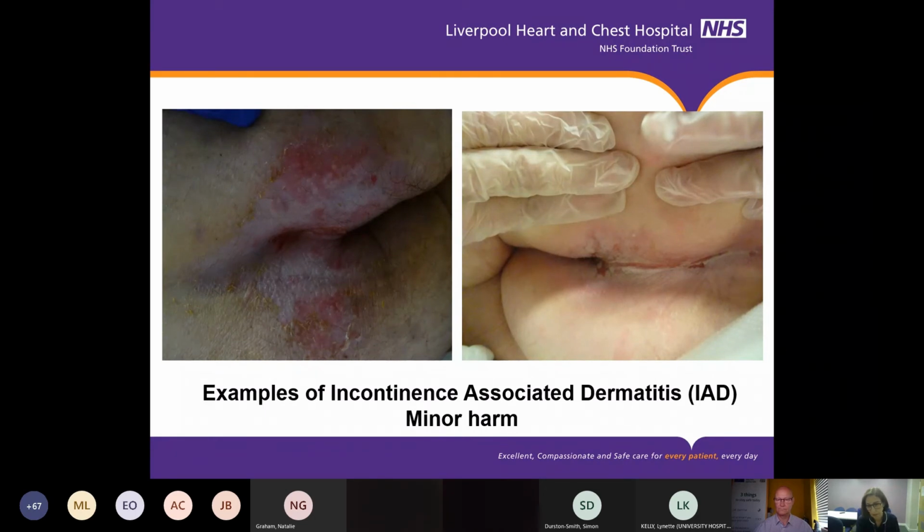And the picture on the right is classically what clinicians might call a linear lesion. The skin becomes so overhydrated in the crease of the natal cleft, and this patient also has some perianal skin loss, you can see. It almost looks as though someone has taken a razor blade and shot down the skin with it, and often the description is that the skin looks as though it's split.